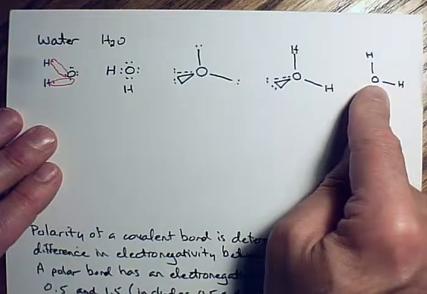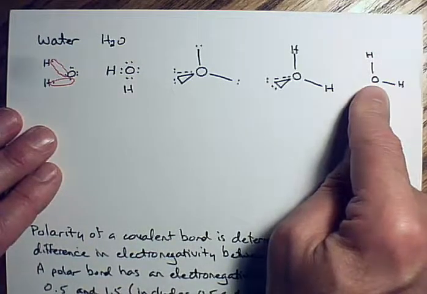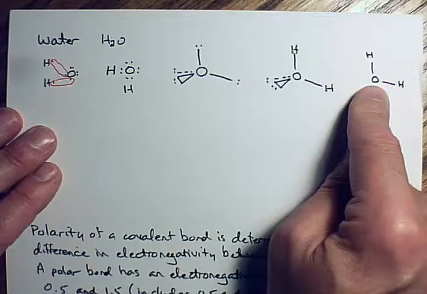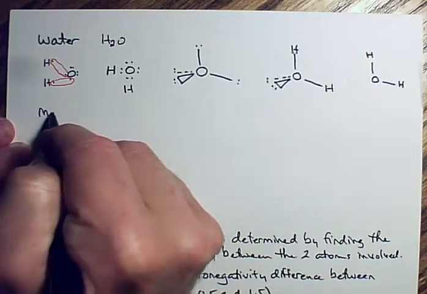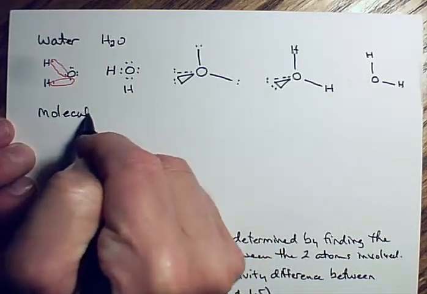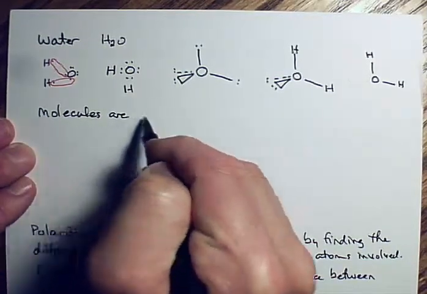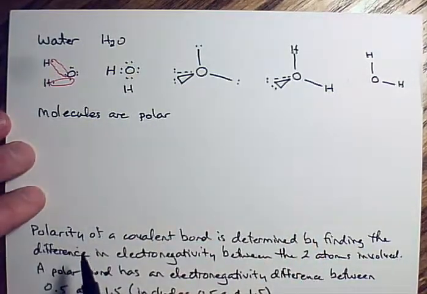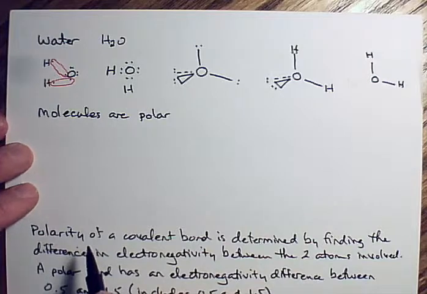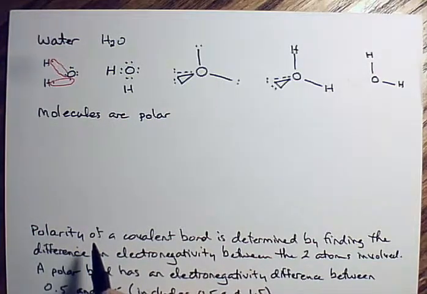Now that's not enough to determine if your molecule is polar. You have to have two conditions met to determine this is a polar molecule. And again, this is a very, very simplified way of figuring it out for high school chemistry. There's a lot more to it than this.